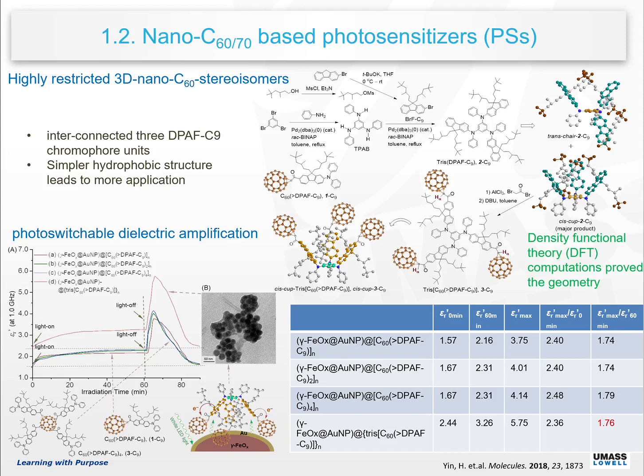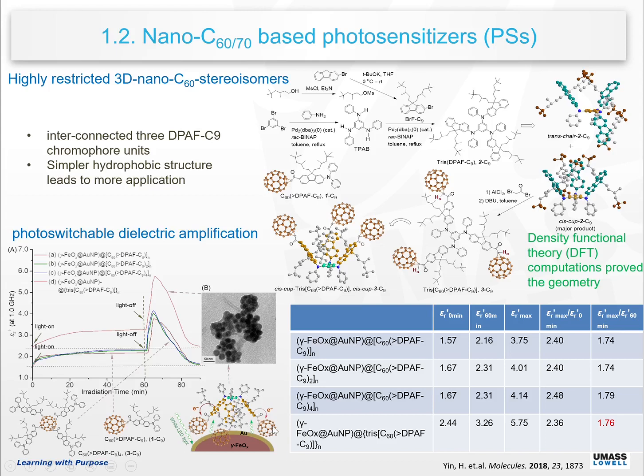And with the collaboration of Professor Yu in our civil engineering department, we found that when we coat this molecule on the iron oxide gold-based nanoparticle, so this is the iron oxide nanoparticle, and we coat a very thin layer of gold on our iron oxide nanoparticle, and then we coat this molecule outside the gold layer.